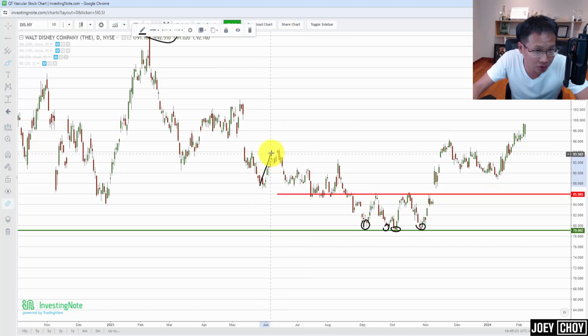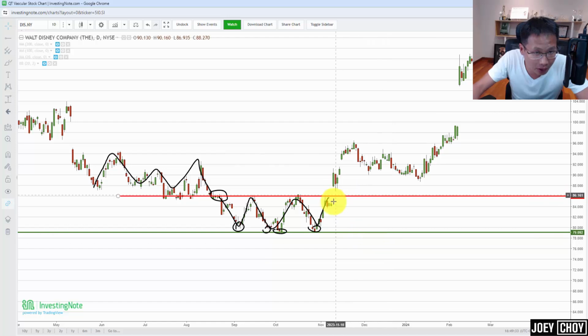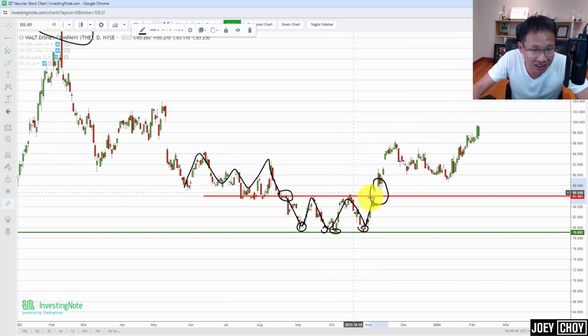You can see we were consolidating up, down, up, down, so it's a bit of a support. We broke down and started to find the bottom over here, and only after breaking above this resistance level. For 3 to 4 months we were doing about 80 to 85, and finally we managed to go above that 85 level.